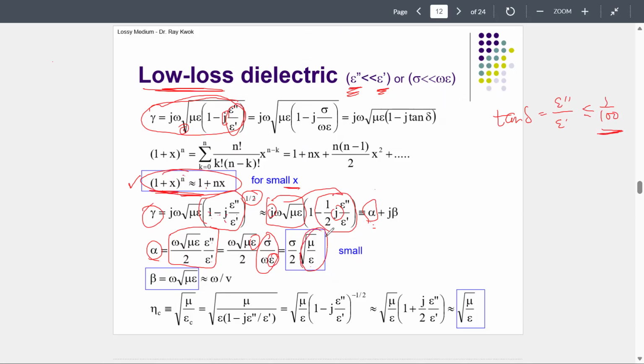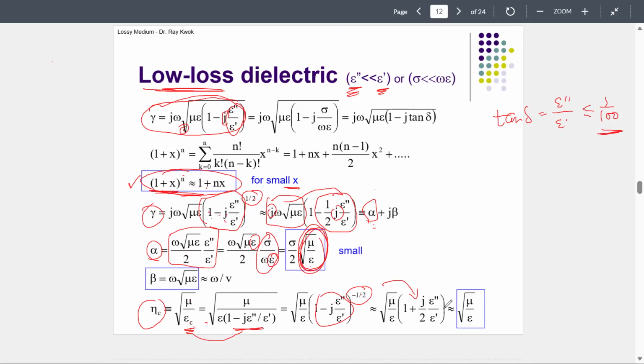But wait a minute, what is this? This is my eta. Right, let's look at the eta. Eta is the square root of mu over epsilon, but this is a complex epsilon, so I have to write it like this, which means the square root becomes -1/2 of this. I use the same binomial expansion, so that becomes this.